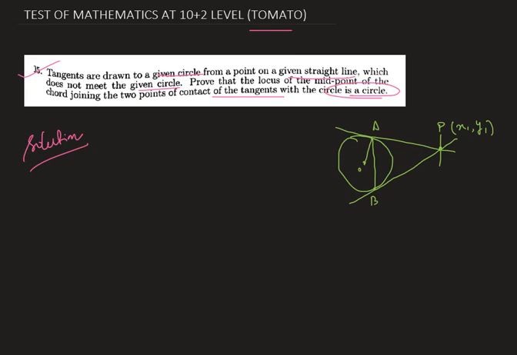Now join AO and BO and draw a perpendicular on AB through O, and the perpendicular cuts AB at the point M with coordinate h, k.